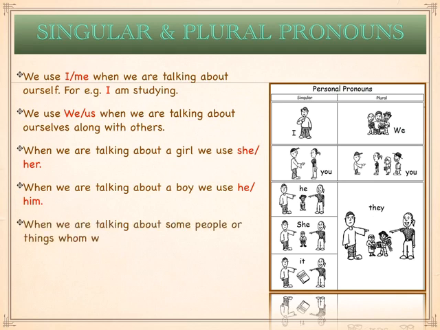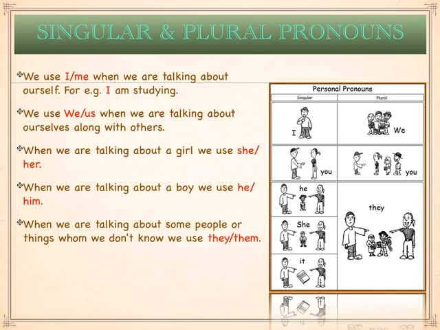Now let's see the next one. When we are talking about some people or things whom we don't know, then we use they or them. So we use they or them for the group of persons or things whom we don't know. So they are considered to be third person plural personal pronouns.